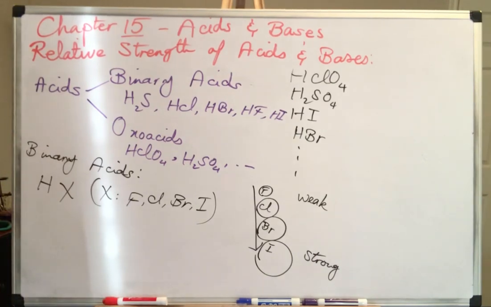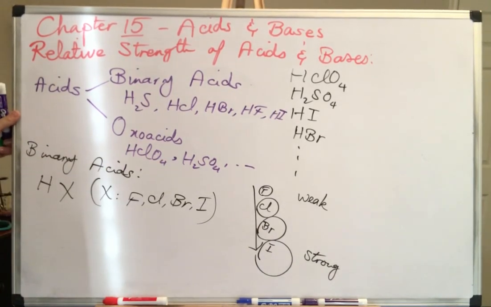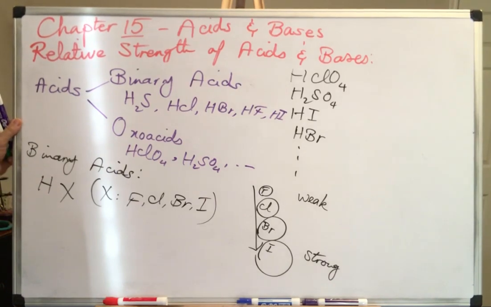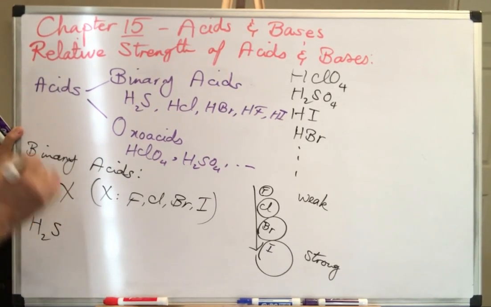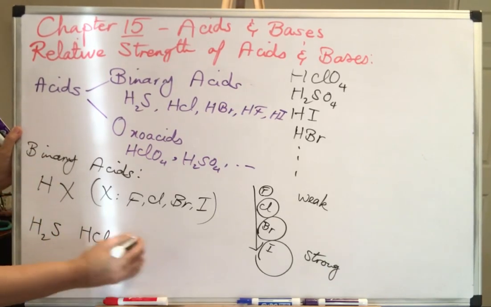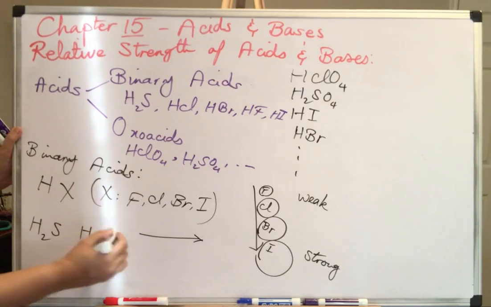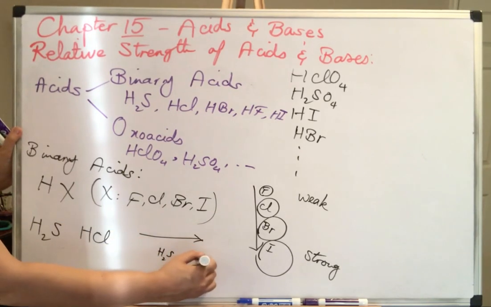But when we're going across a period from right to left, the acidic strength increases also. Like if you're going to compare H2S and HCl. Let's say this is H2S here, and this is HCl here.